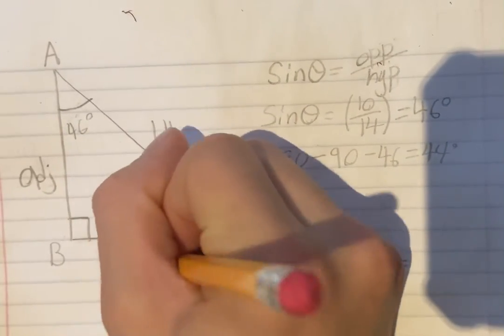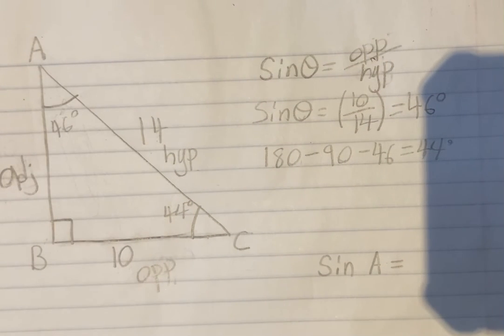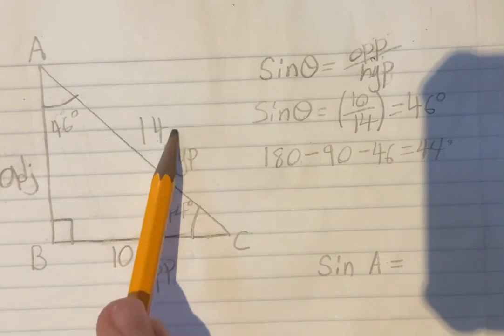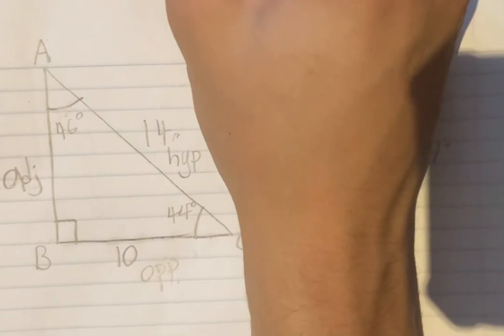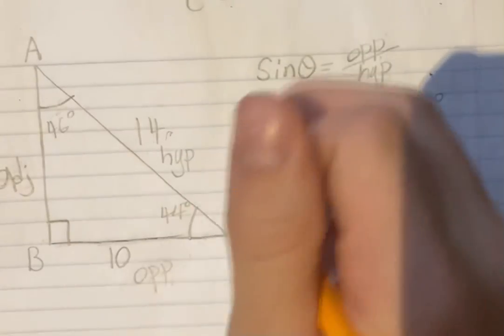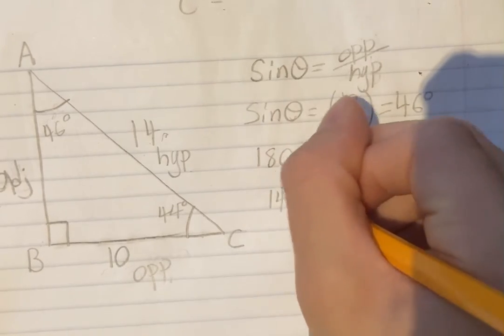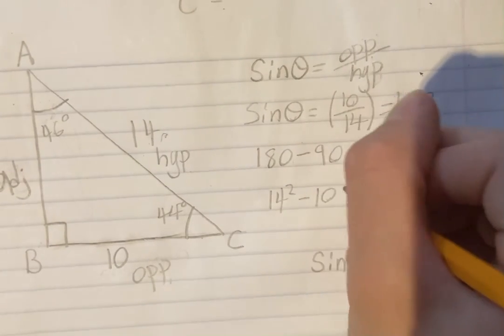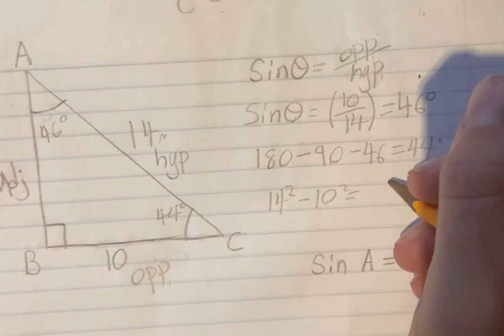That is bad spelling. So what I'm going to do is use the Pythagorean theorem and say, hey, c squared take away b squared equals a squared. So basically, 14 squared take away 10 squared will equal this number right here, which is 96.